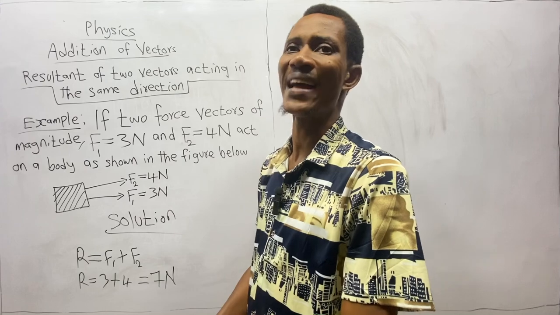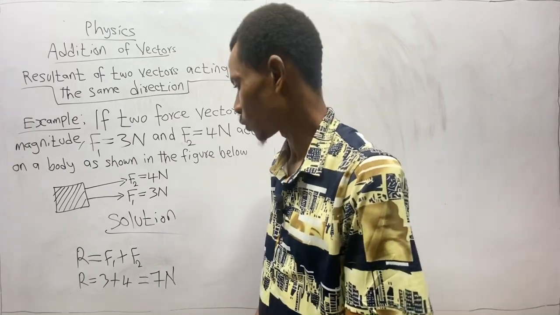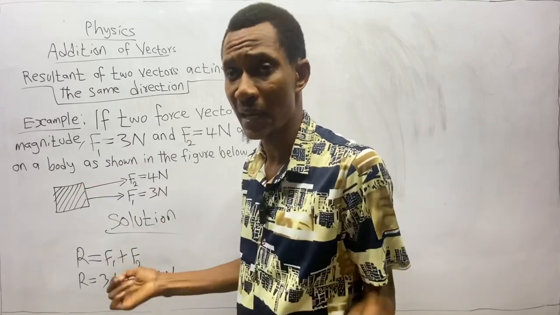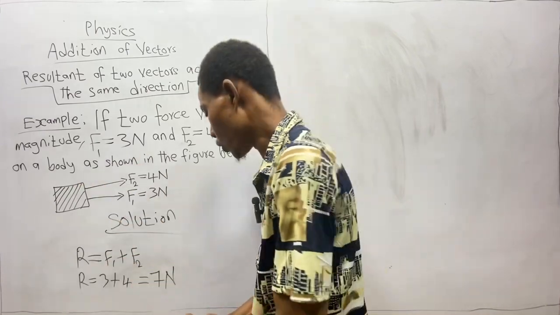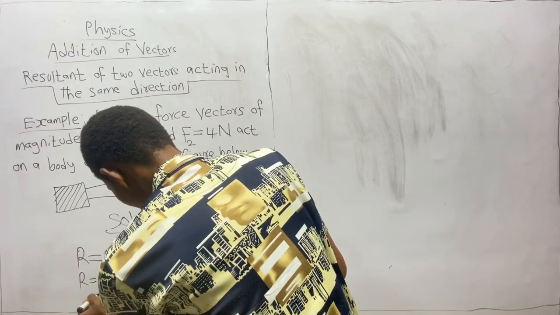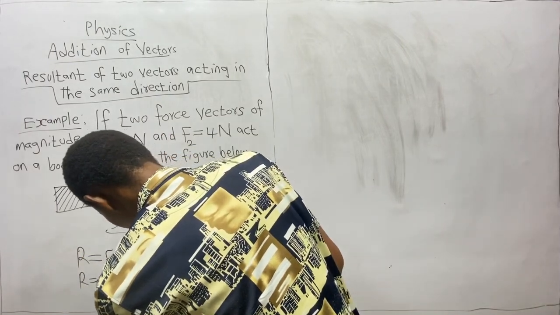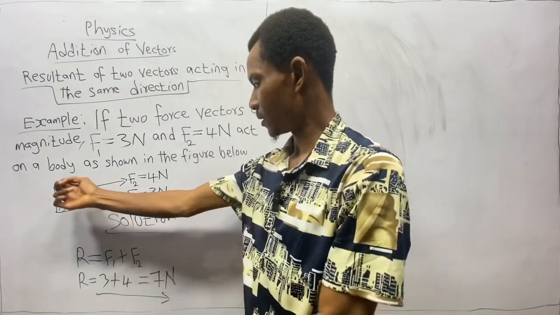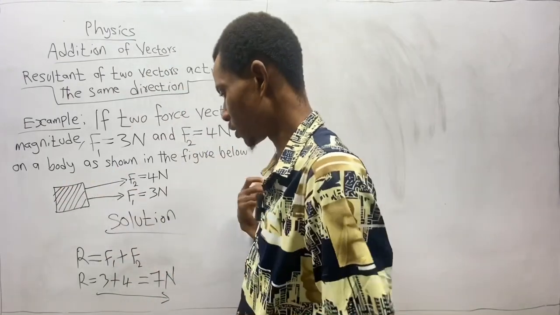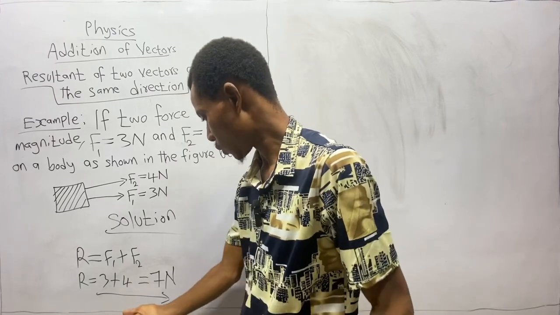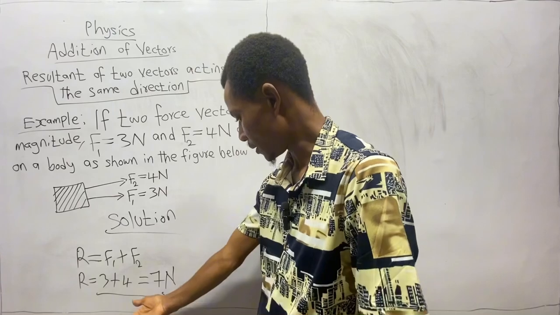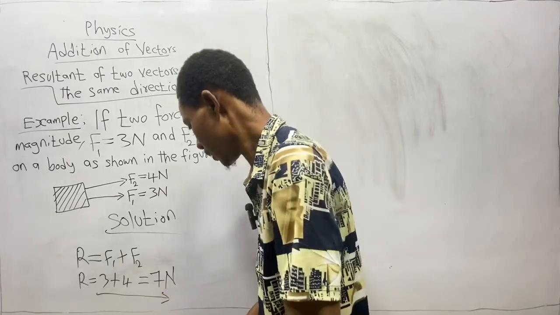Now how do we get the direction of the resultant vector? Since the two vectors are acting in the same direction, automatically the resultant vector will also be acting in the same direction. So the two vectors are acting in this direction, which is the eastward direction. So therefore, the resultant vector will also be acting in the eastern direction.